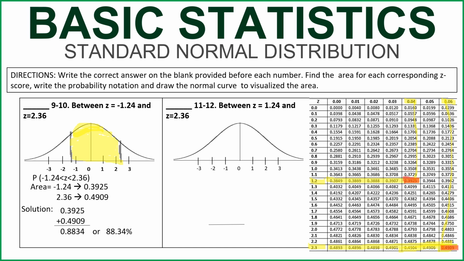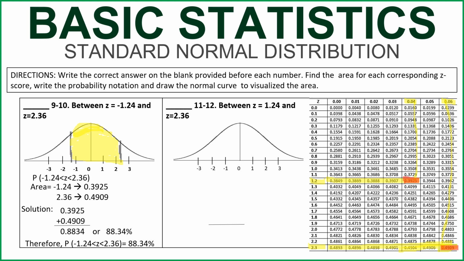Therefore, our answer is 0.8834 or 88.34%. And we can say that the probability wherein z is greater than negative 1.24 but less than 2.36 is 88.34%.